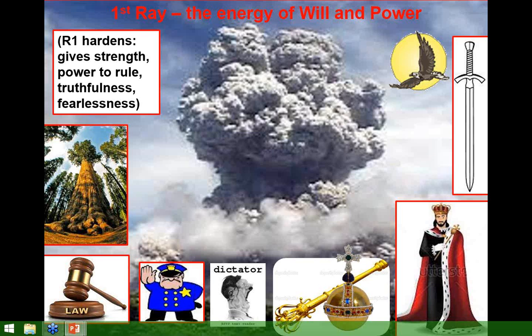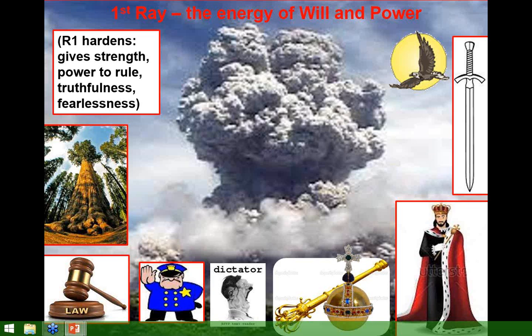You can have a first-ray leader in the home, and some of us may have had a first-ray mother who ruled her house like a rod of iron, or a first-ray father who was the dominant parent, or a first-ray sibling who terrorized us when we were children because they could be so hard and bossy with it all.